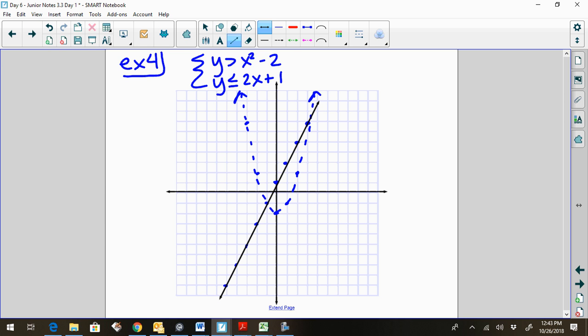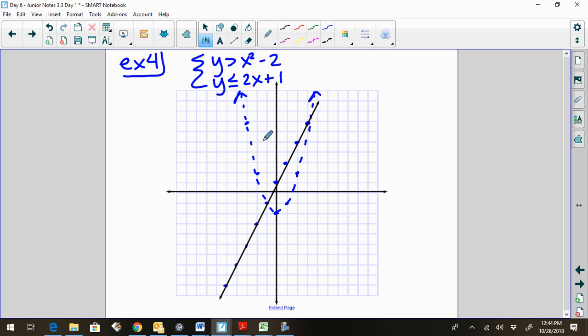Good? All right, so now we're going to try to figure out which region we will use. So for the parabola, let's test the point 0, 0. So is 0 greater than 0 squared minus 2? So 0 greater than -2? The answer is yes. So we're going to shade inside of the parabola.